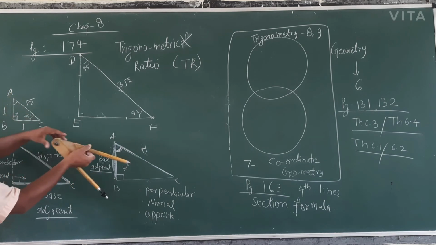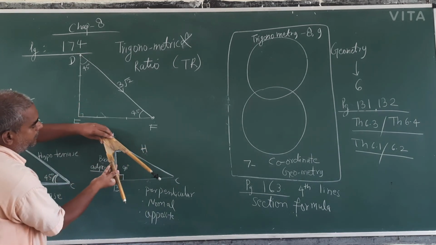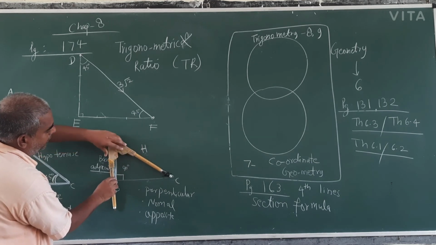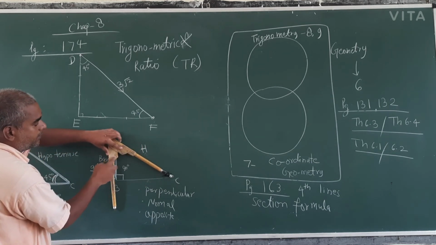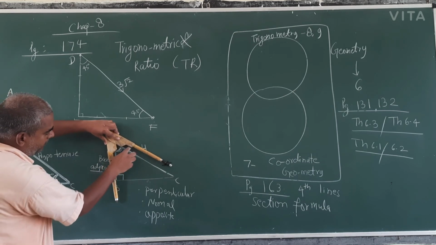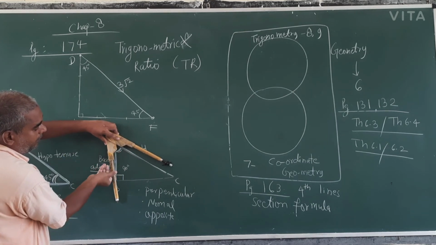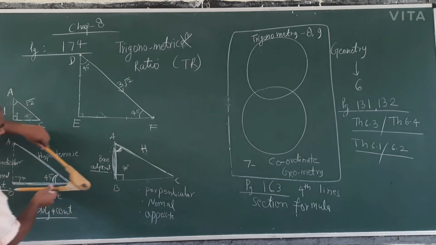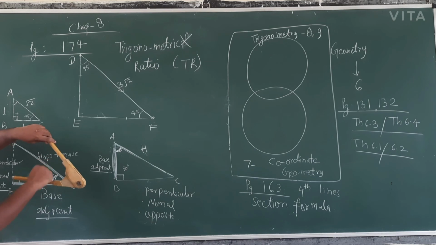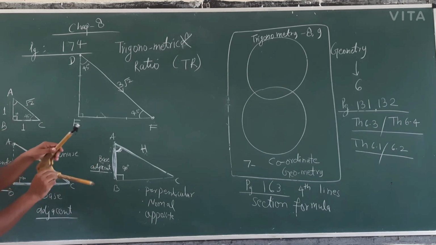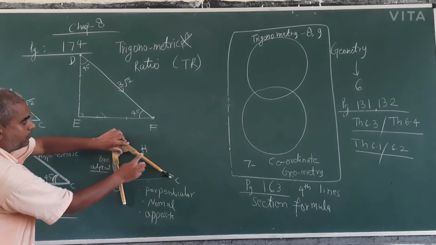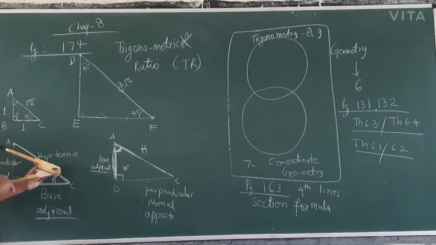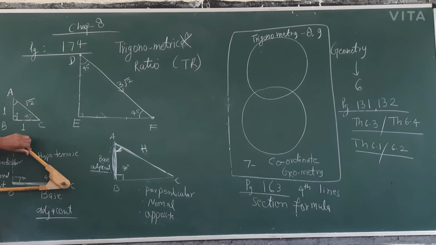And if we take this hypotenuse, this will be the base where this angle has been formed, because for the angle two sides are required. So the hypotenuse is fixed, so this will be the base, and for it this will be the base.